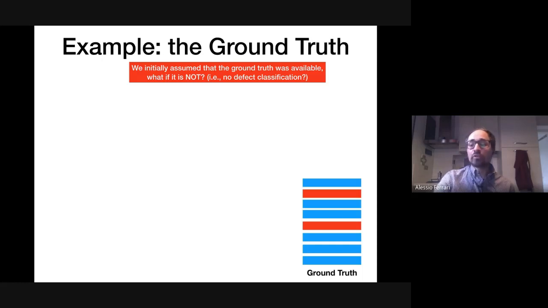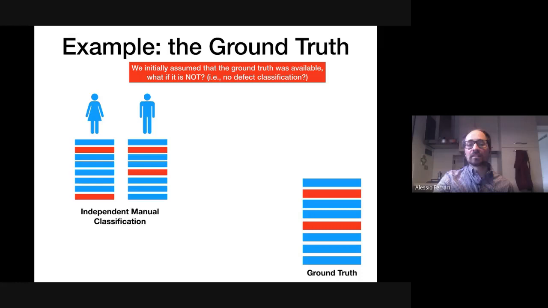So you need to build this ground truth. How to build it? You need triangulation. So you need to perform, in this case, a form of data source triangulation, but by having an independent manual classification of the defects in the requirements. So you take the original requirements not annotated for defects, and you analyze them.